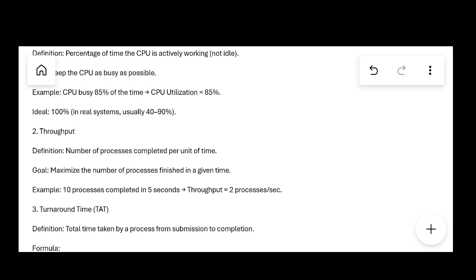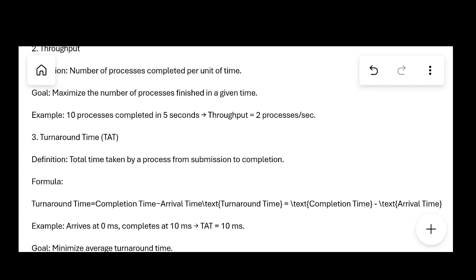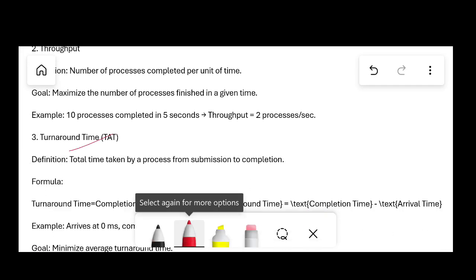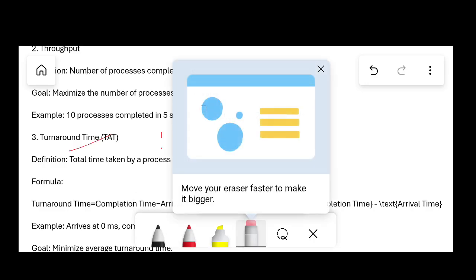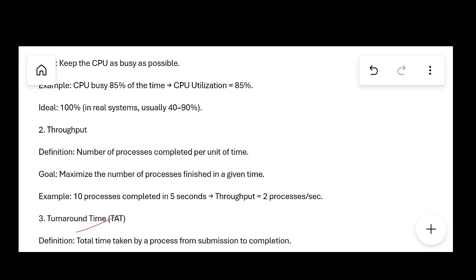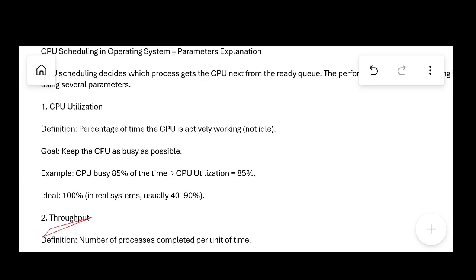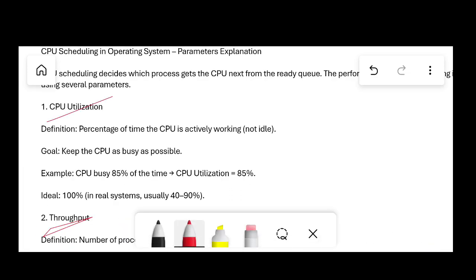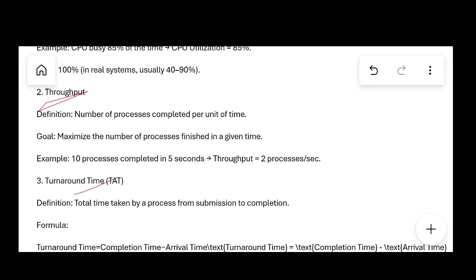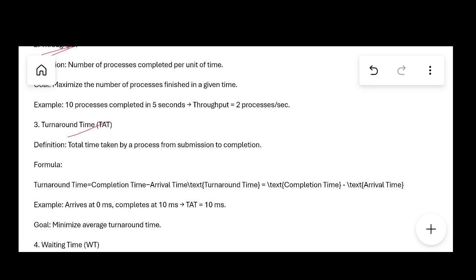Then third is turnaround time. Let's talk about turnaround time or TAT.